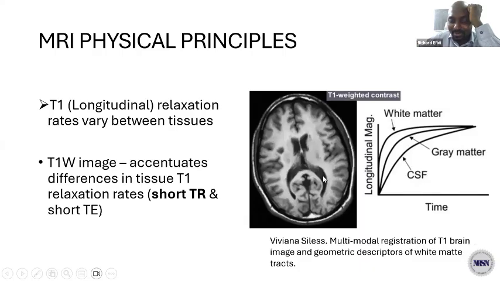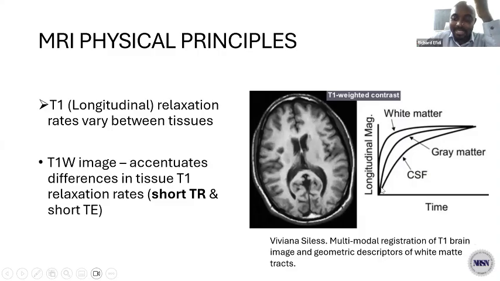And that's why CSF is black on T1 weighted image. The white matter has the highest signal because it has the highest rate of recovery, and hence its signal intensity is maximum. And that's why white matter is white on T1 weighted image. And then the gray matter has intermediate signal.